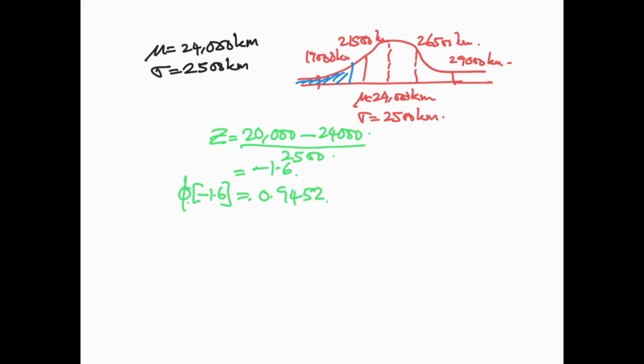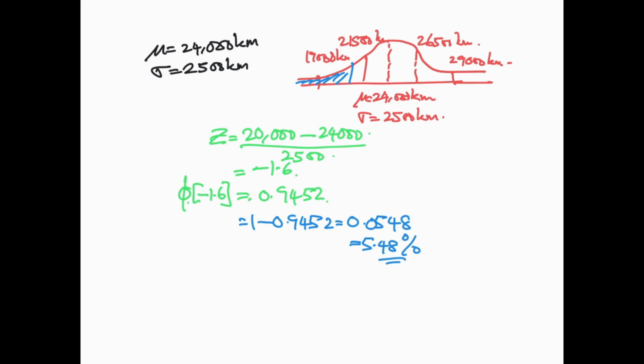I want this blue region, a small region. It's not 94.5%, so all you have to do is 1 minus 0.9452, and the answer that I have here is 0.0548, which is 5.48%.